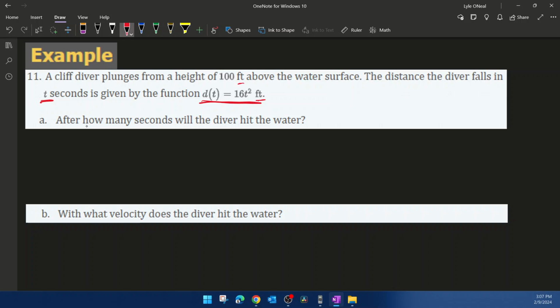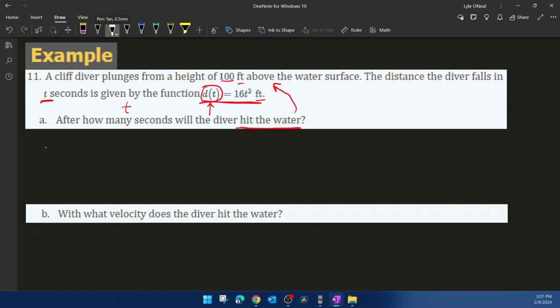It says after how many seconds, that means we're looking for time, will the diver hit the water? Well, how far above the water was he? 100 feet. Wouldn't that be his distance? So this is telling me that we need to replace d of t with 100 and solve for t.